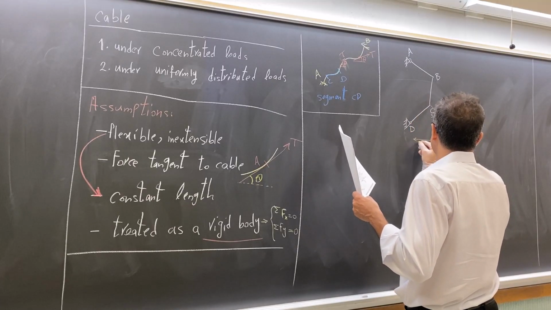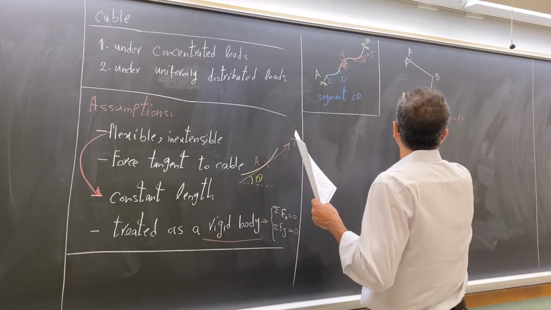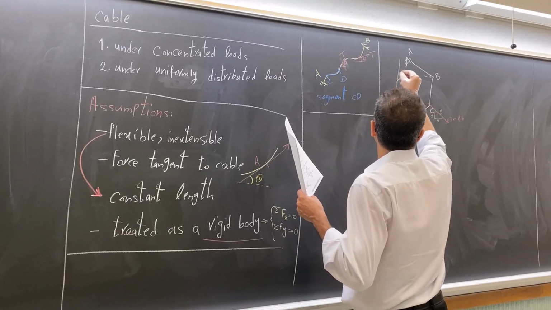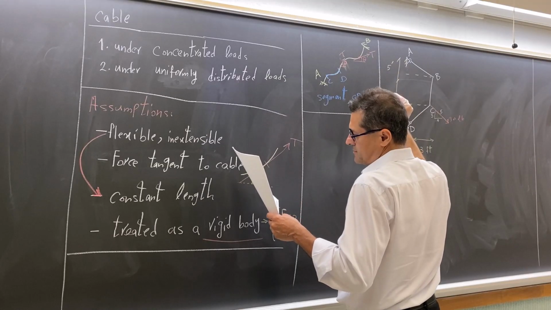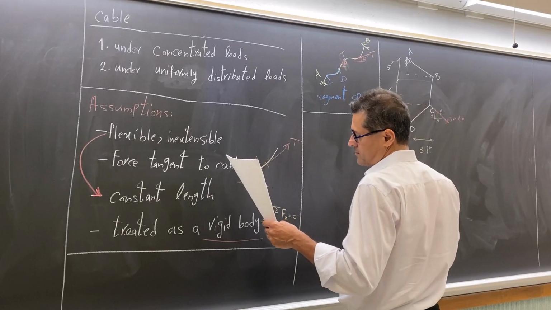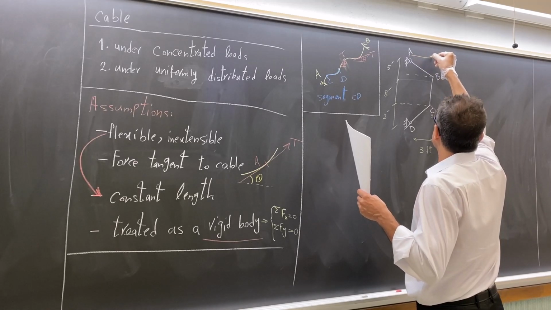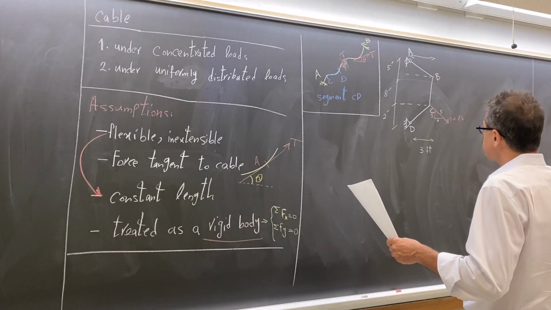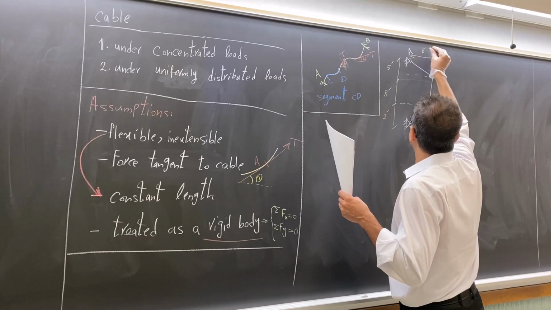The distance from here to here is 3 feet. And we have the distance from here to here 5 feet, 8, and 2. And the entire distance from here to here is 6 feet.